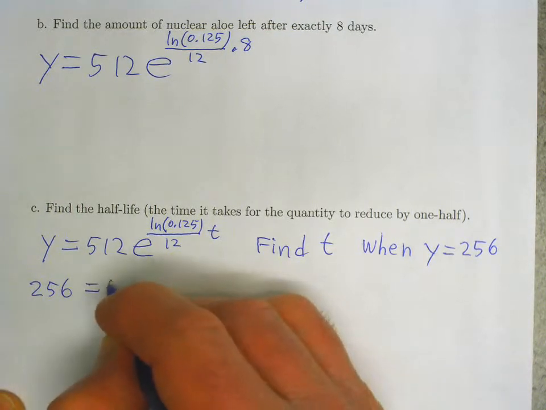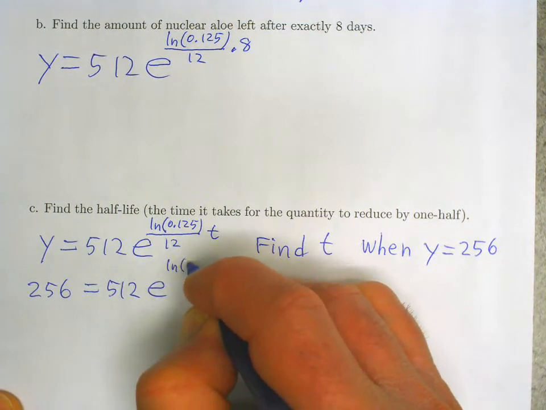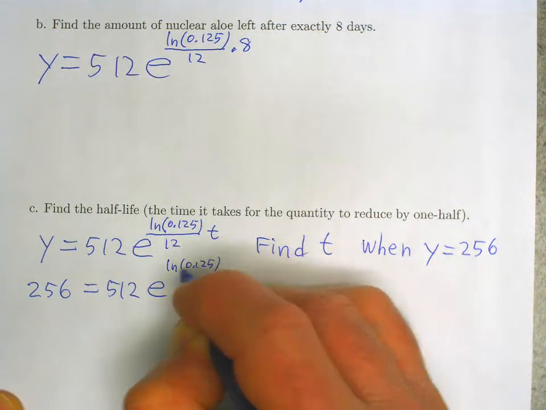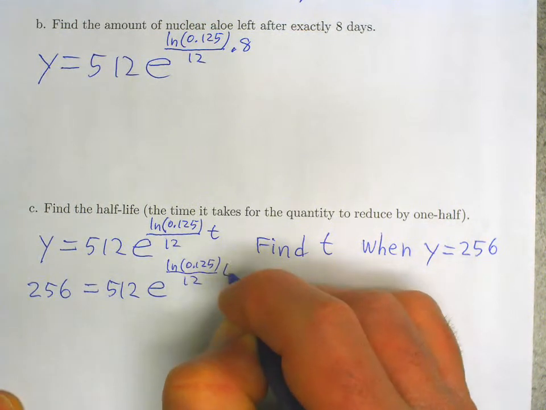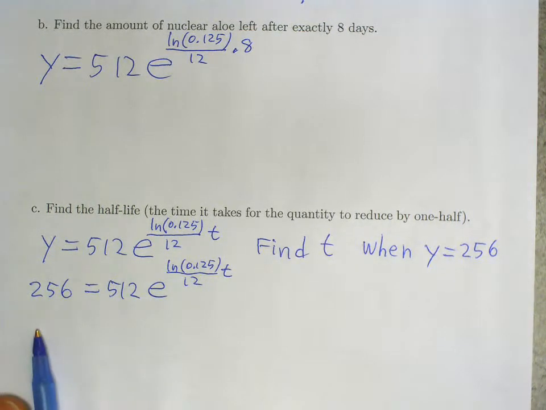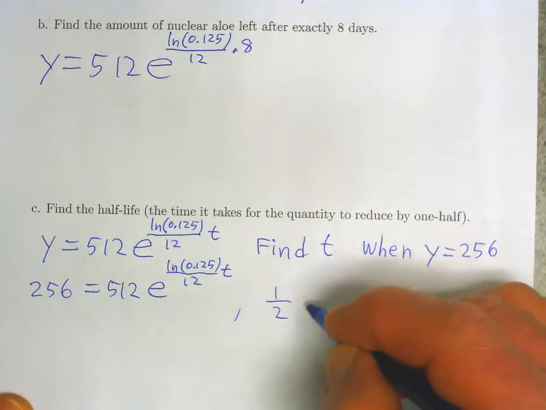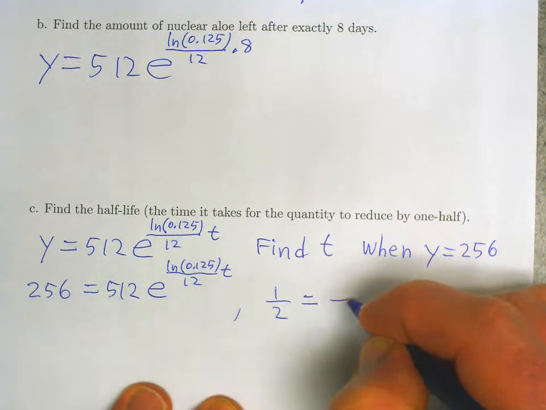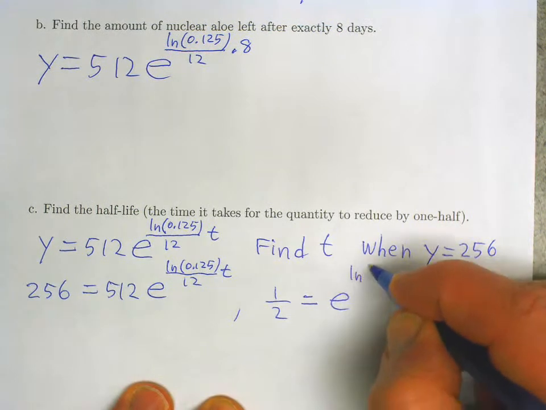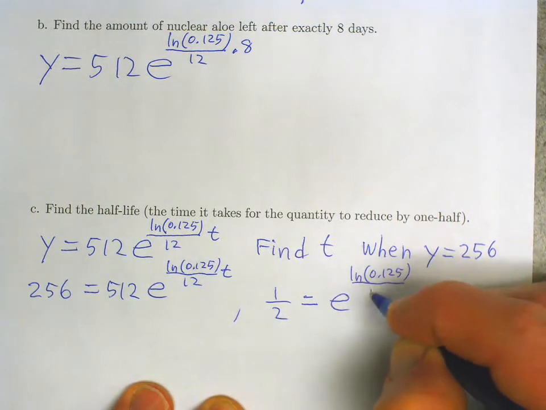Set that equal to 512 times e to the natural log of 0.125 over 12 times t. Divide both sides by 512. 256 divided by 512 is 1/2. So 1/2 equals e to the natural log of 0.125 over 12 times t.